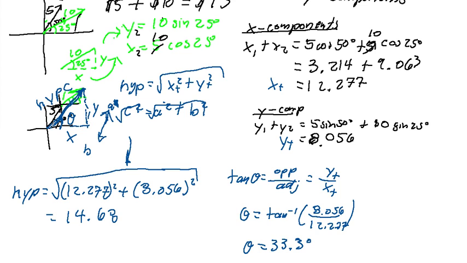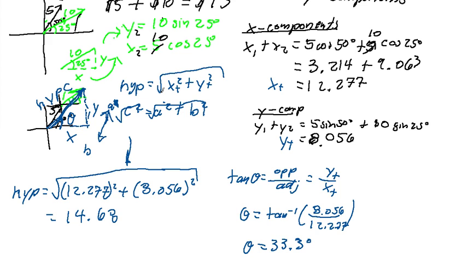Graphically, in order to find that, you do the head to tail method, where you connect the head of the first vector to the tail of the second vector. First vector was 5, second vector was 10. So the black and the green form the blue, which was our new vector.